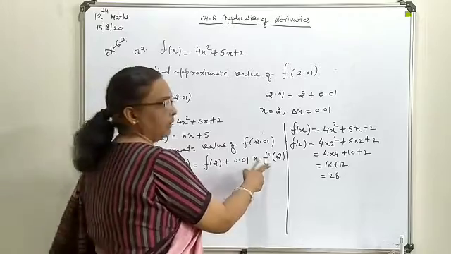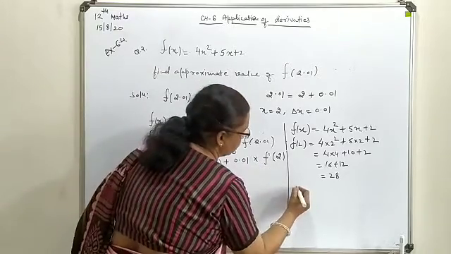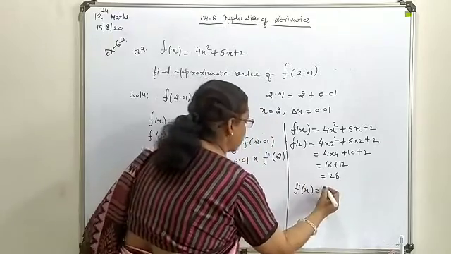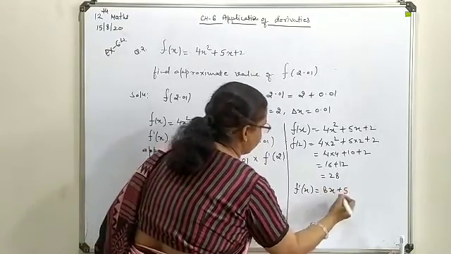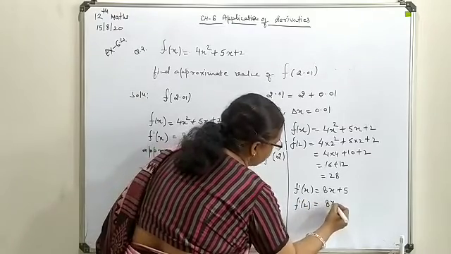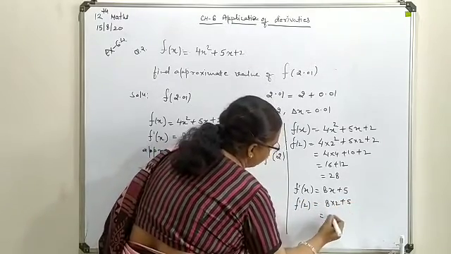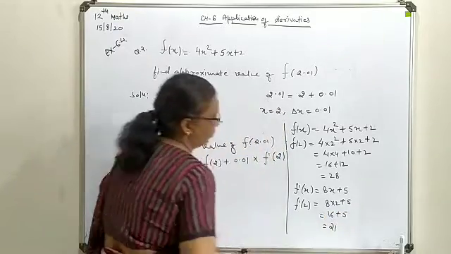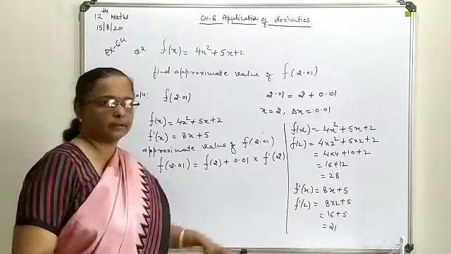Secondly, we evaluate f dash 2. f dash x is 8x plus 5, so f dash 2 gives 8 into 2 plus 5, meaning 16 plus 5, which is 21. This way both values are evaluated.